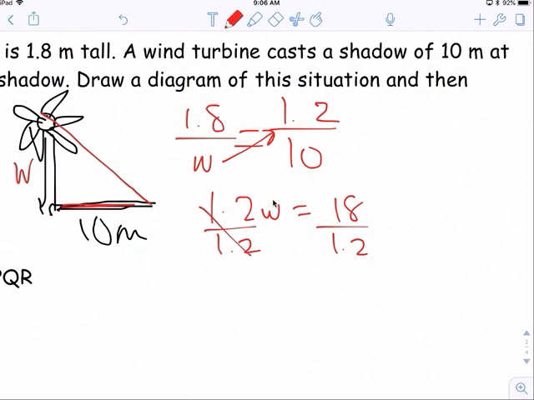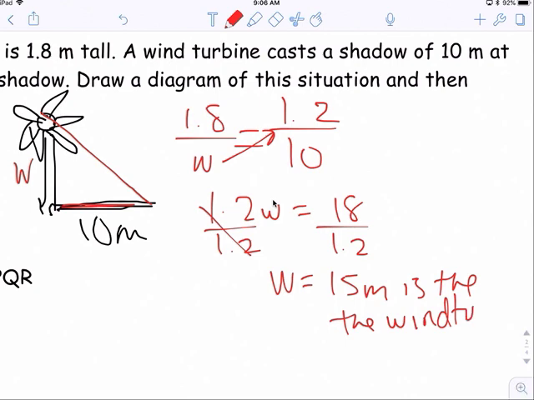I have the calculator in front of me. 18 divided by 1.2 is 15. The wind turbine's height is 15 meters. I spelled that wrong, wind turbine, height.